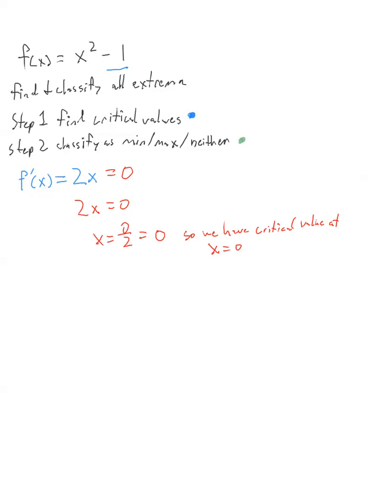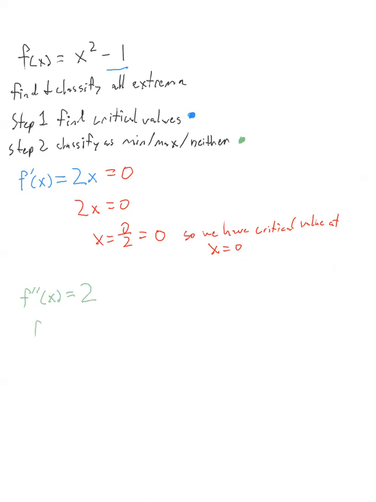We remember if our second derivative is positive, we are a minimum, and if our second derivative at that point is negative, then we are a maximum. So if f prime is 2x, then f double prime, the second derivative, is the derivative of our first derivative. We look at our derivative and take the derivative of that. The derivative of 2x is just 2.